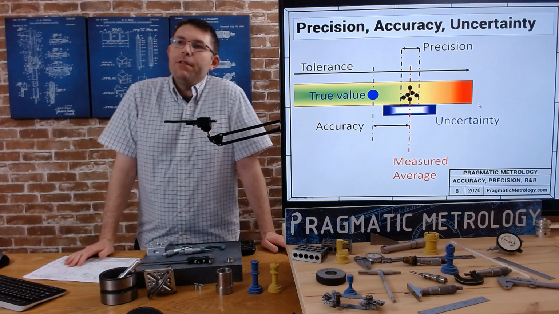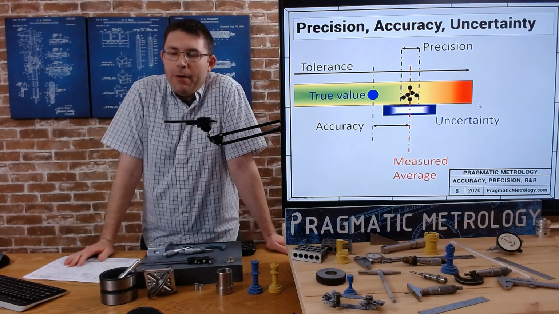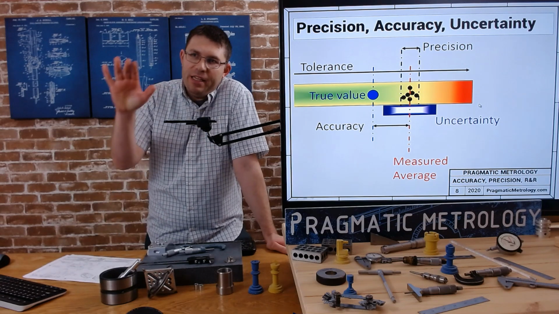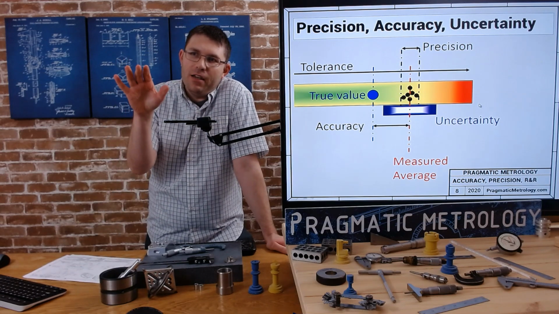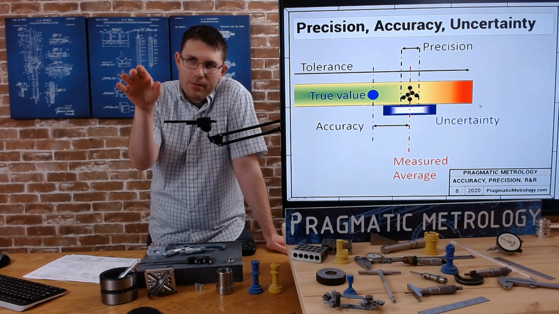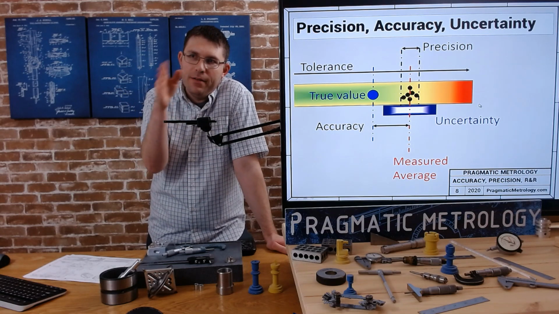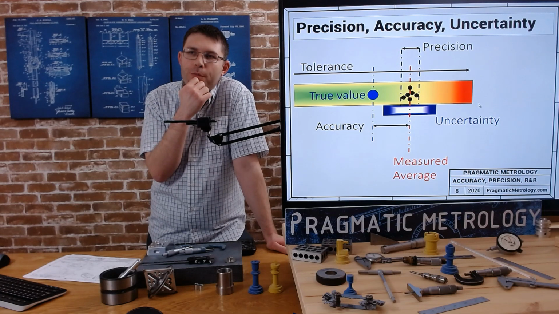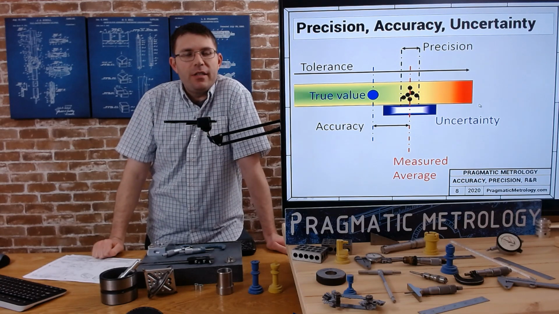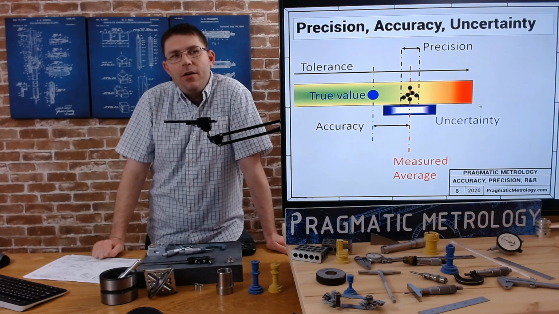And then the uncertainty ratio I have there in purple. What that means is, kind of independent of precision and accuracy, just looking at the red center line of where the grouping was, there's going to be an uncertainty.